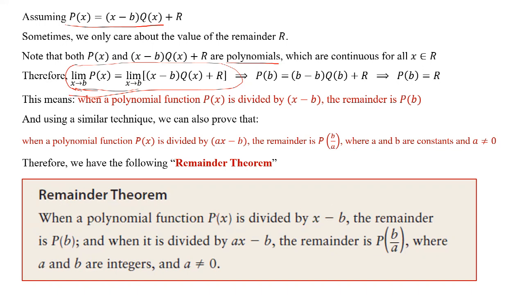This is the remainder. Understand? And when it is divided by ax minus b, the remainder is p(b over a). You simply put b over a in the polynomial function p(x), where a and b are integers and a is not zero because denominators cannot be zero. Okay? Please write this down onto your notebook.